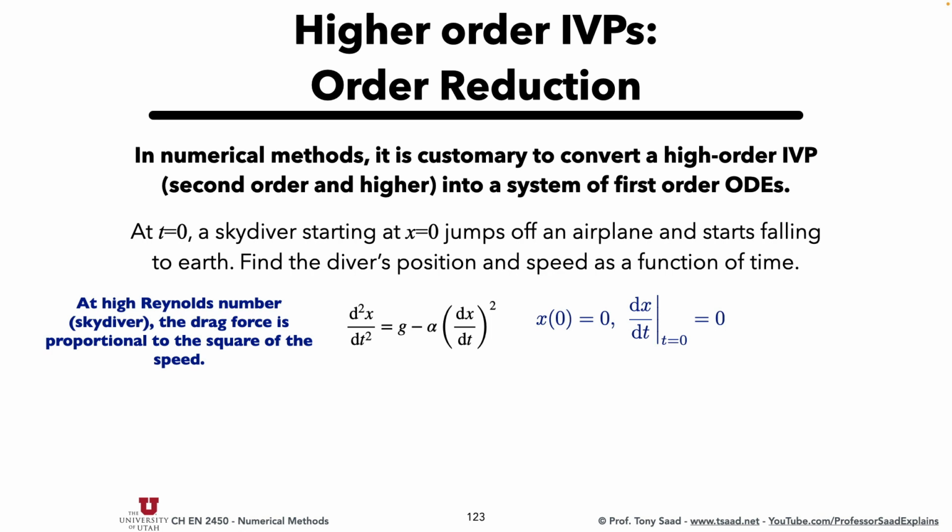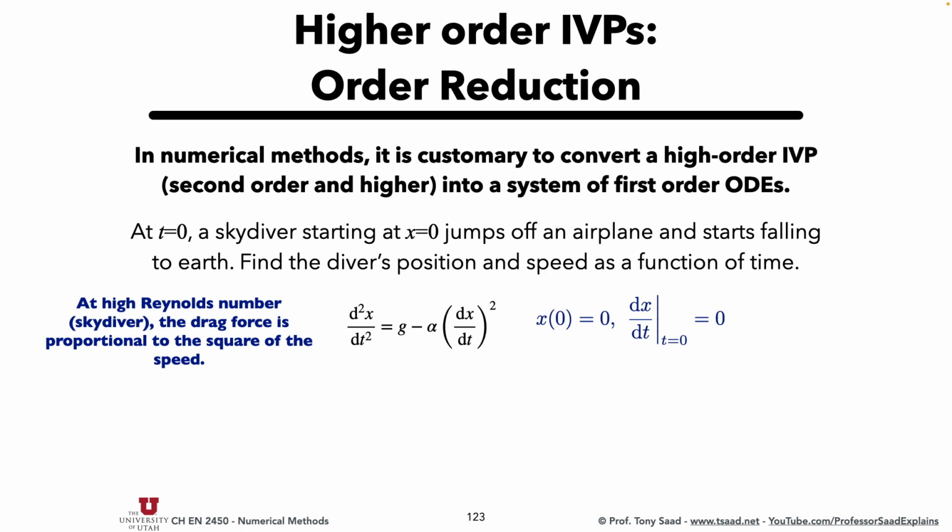This is an example of the equation of motion for a parachutist or skydiver free falling in air, subject to gravity, with mass incorporated, but also subject to some drag.